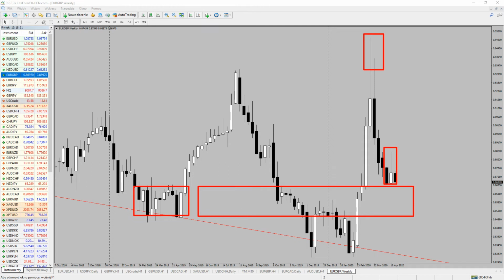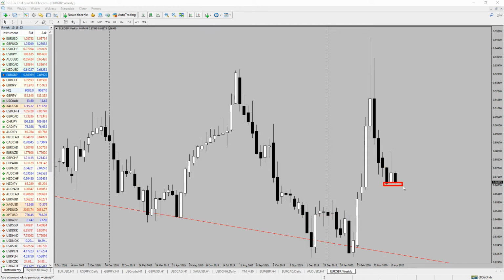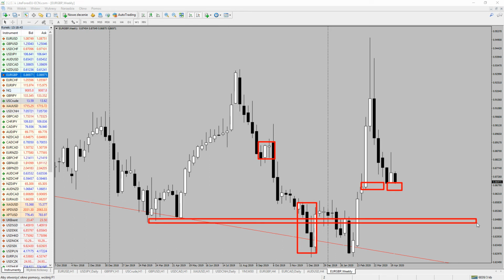So if we are going to fail here, around the low of that candle which broke through the latest supply, if we are not able to hold these levels, then we have another consolidation and the latest weakness which might be in play, and also 50% of that consolidation, so levels close to 85, 84.50 might be in play on the euro pound.